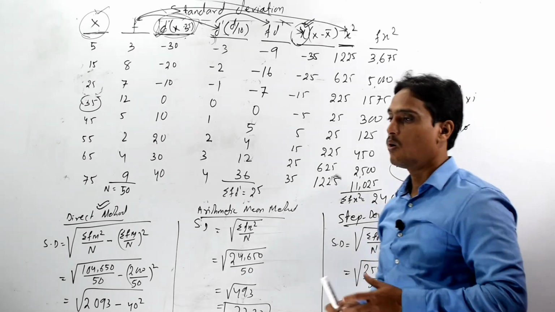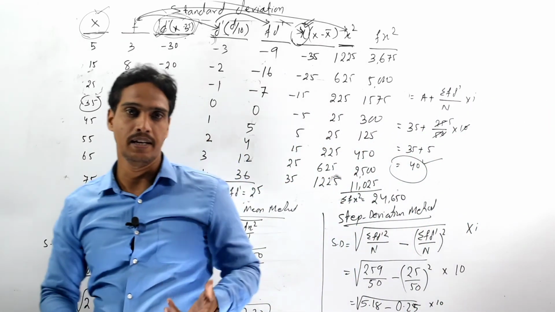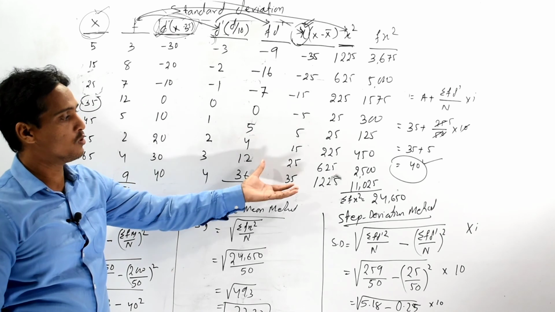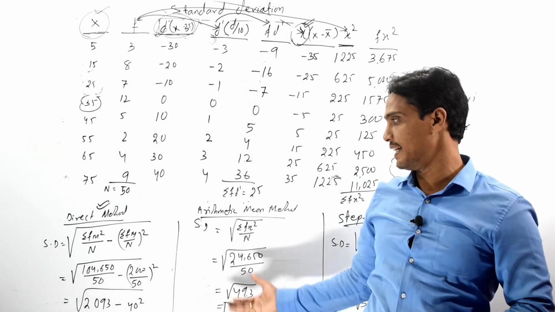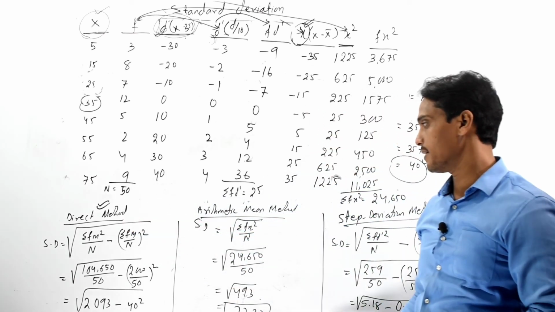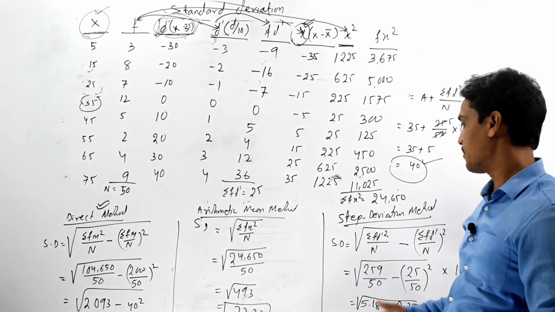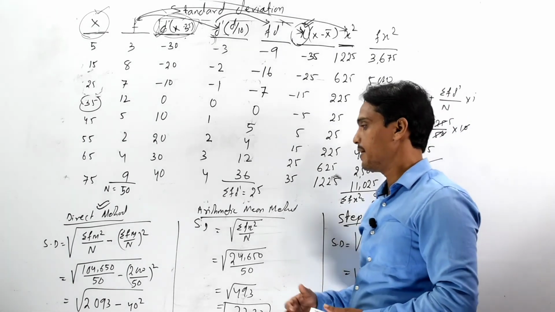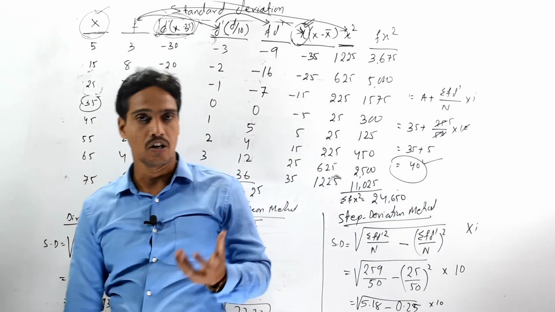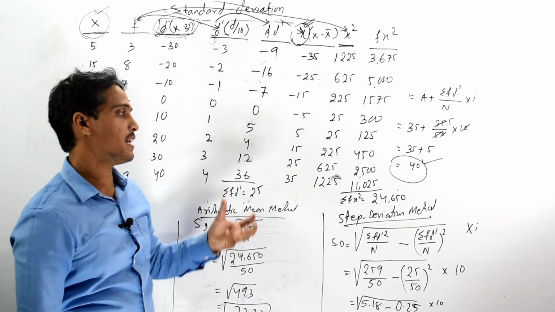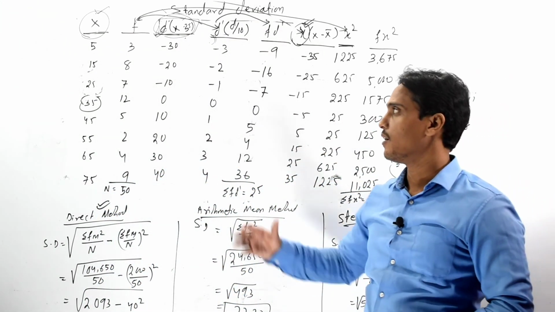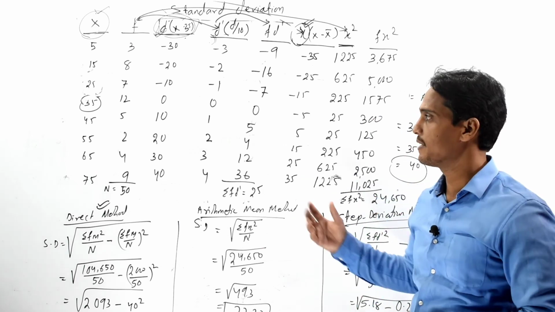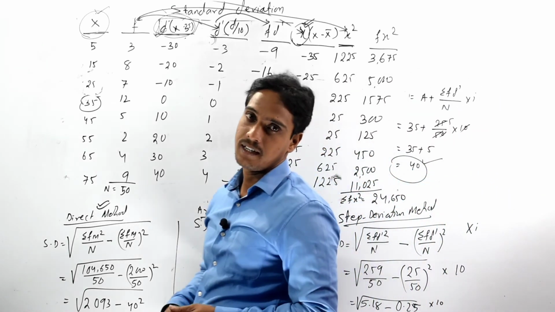That means all the other steps should be repeated for finding the standard deviation of a discrete series, in case of the direct method, or under the arithmetic mean method, or under the step deviation method, or shortcut method. So these are all about computation of standard deviation of a continuous series and discrete series under different methods.